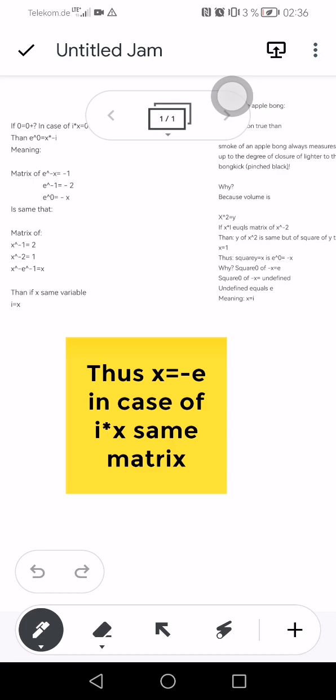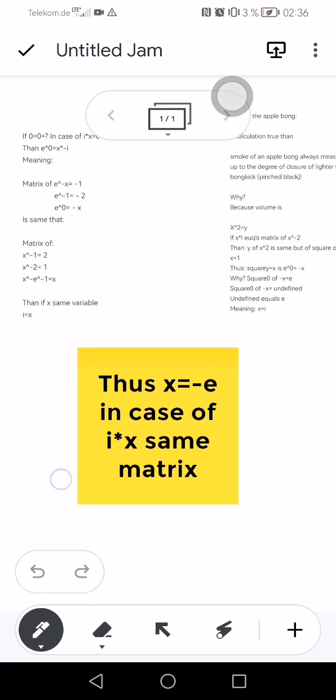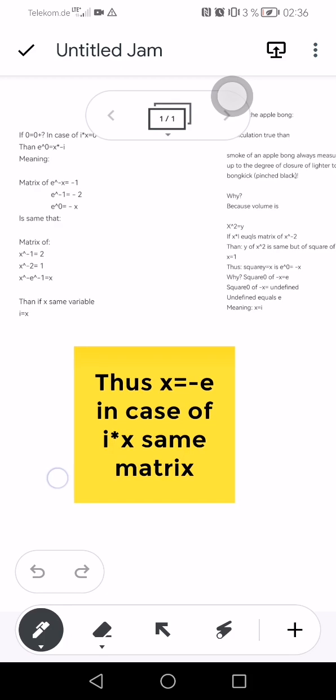And that holds true, right? E square 0 is 1 minus x, meaning e square 0, 1 minus 2 equals 0 equals 1.